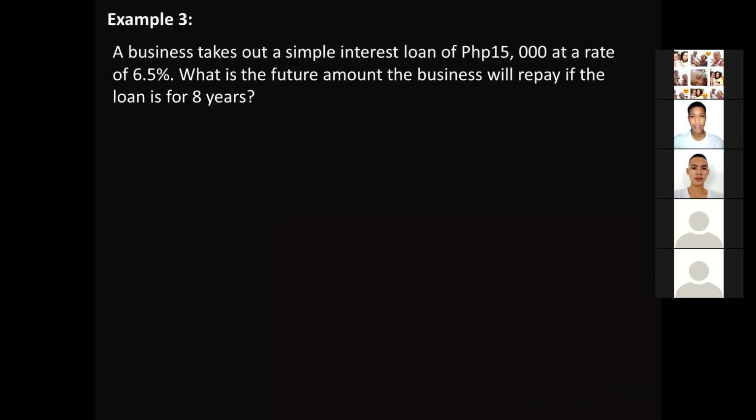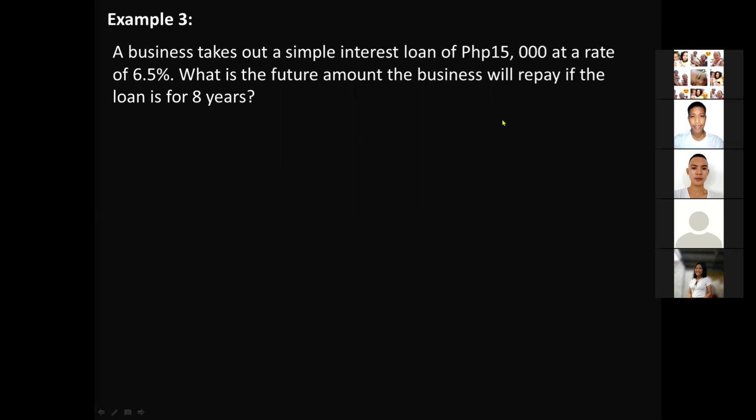Example number 3. Let me give you an example using the F full amount formula. A business takes out a simple interest loan of 15,000 pesos at a rate of 6.5%. What is the future amount the business will repay if the loan is for 8 years?